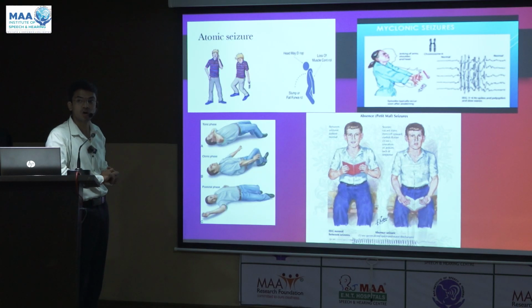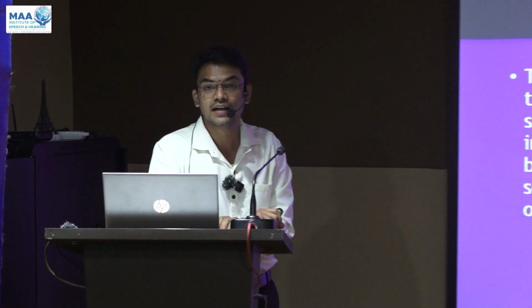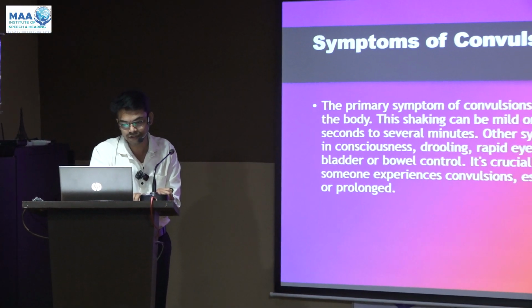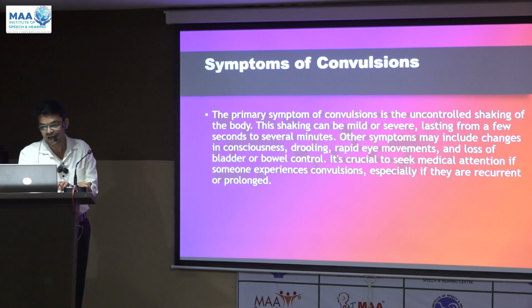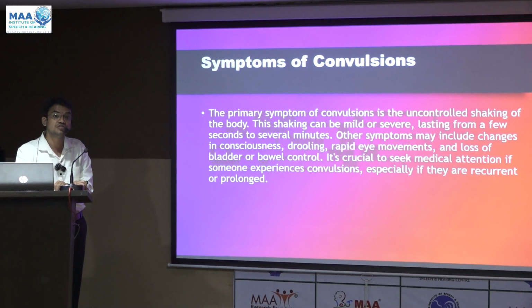These seizures can be controlled and managed with different kinds of medications which are available in day-to-day life. If you see convulsions, there are shaking hands and jerky movements that can last from seconds to minutes, and the person may lose consciousness, drool, have rabbit eye movements, which are irregular eyeball movements, and lose bladder control.